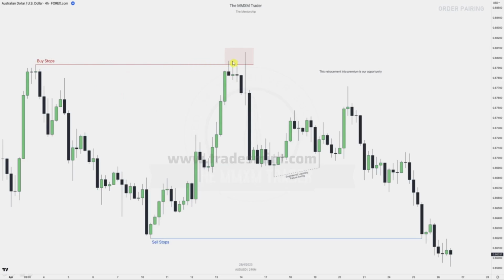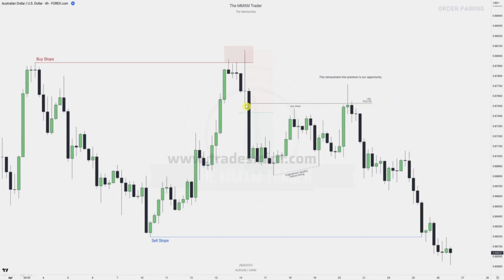Right, it's a 4 hour chart on Australian dollar, US dollar. Again, these buy stops, right, on the daily time frame were raided over here. We're breaking down lower, lower, lower, breaking structure down here, and then engineering liquidity on the sell side over here. Now, how do we get in? We want to be in a premium level, right? So if we take this high to this low, that's our dealing range, and then into this retracement lies our opportunity.